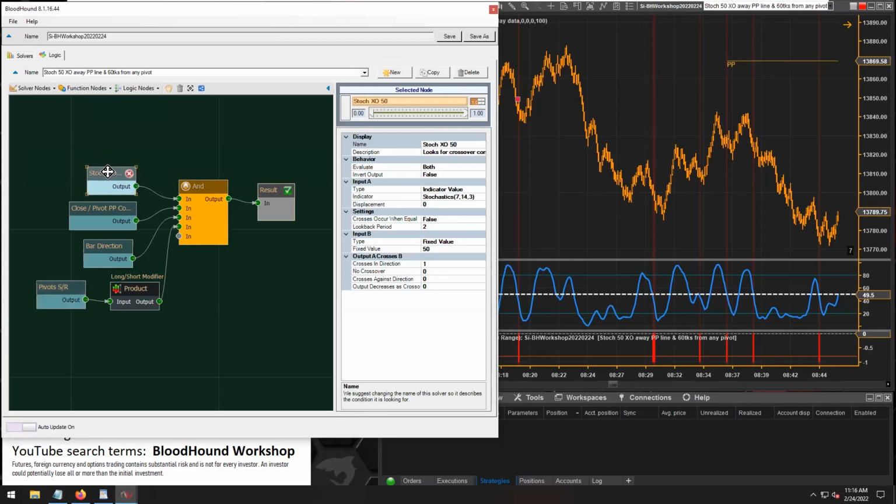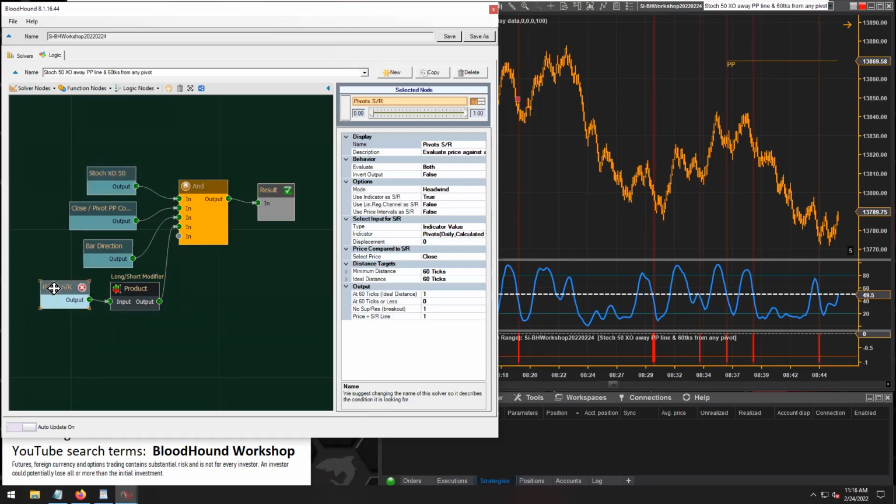Not that complicated. The only part here that really gets complicated is using the support resistance solver. People don't really think of support and resistance in a technical system building fashion.